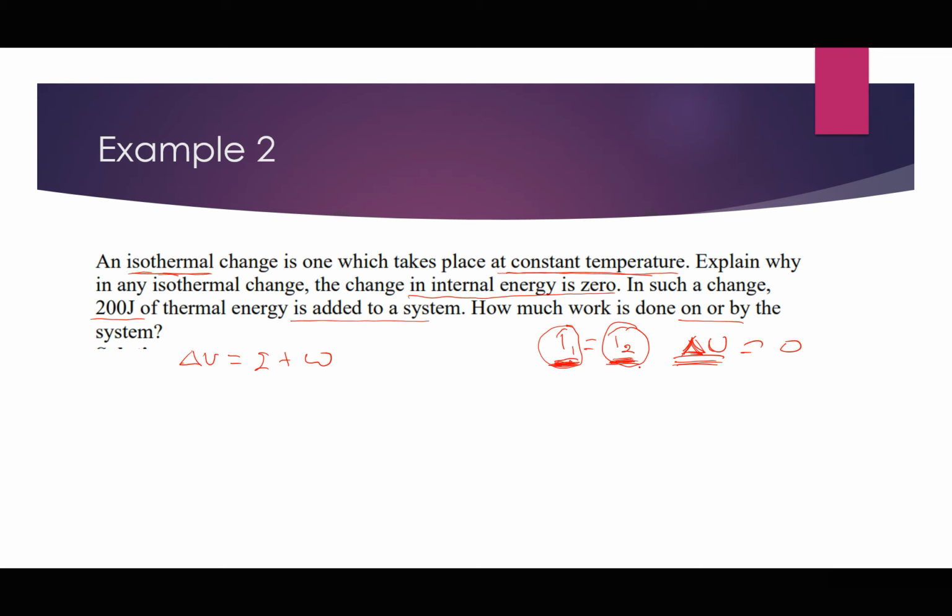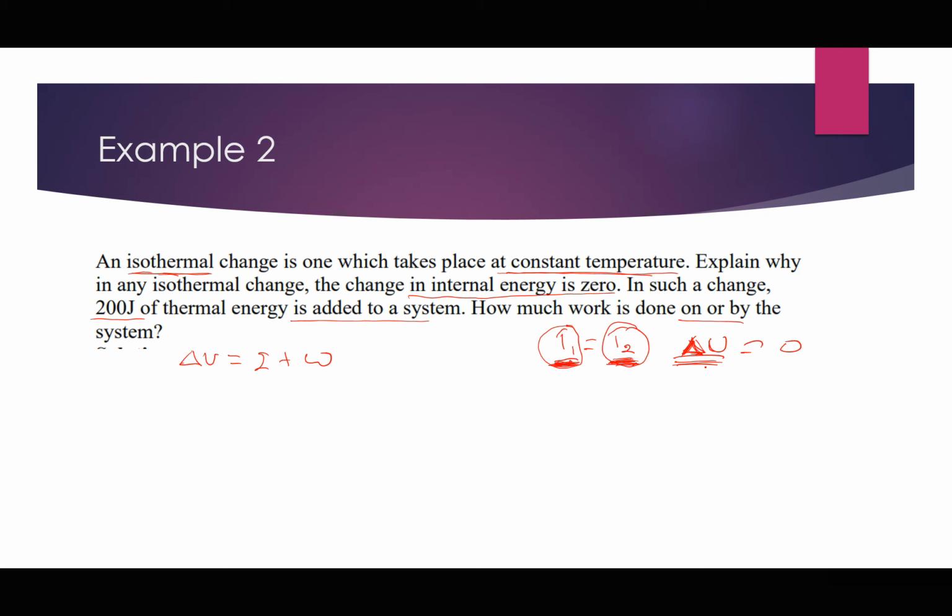If the initial temperature is the same as the final temperature, then the total kinetic energy initially is the same as afterwards, so the change in internal energy is zero. That is the reason why, for an isothermal change, there is no change in internal energy.